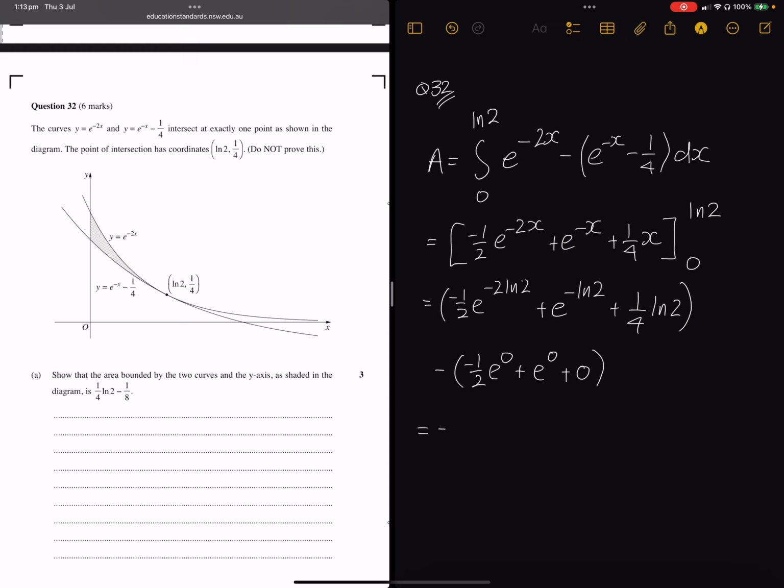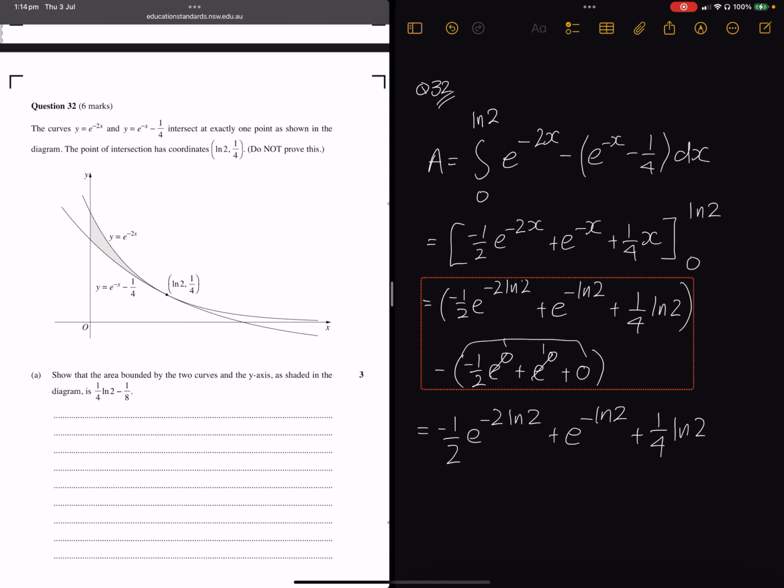We get minus 1/2 e to the minus 2 ln 2 plus e to the minus ln 2 plus 1/4 ln 2. Now, e to the 0 is 1, and the last term is just 0. So we have minus a half plus 1. So this whole thing becomes a half, but it's negative. So this is minus 1/2.